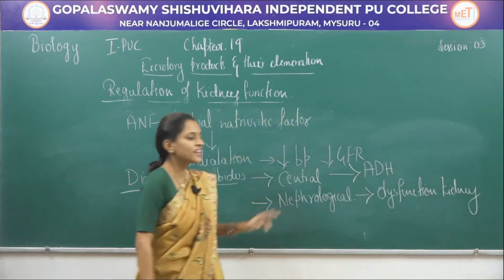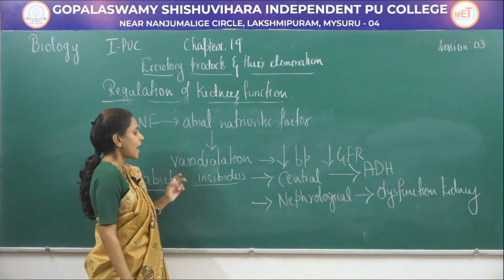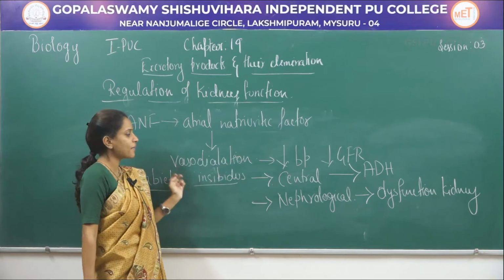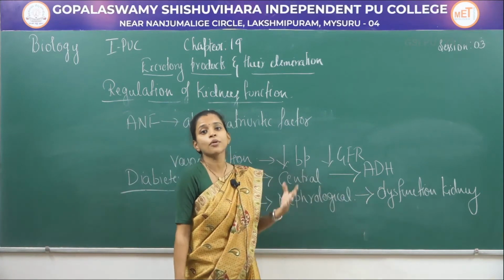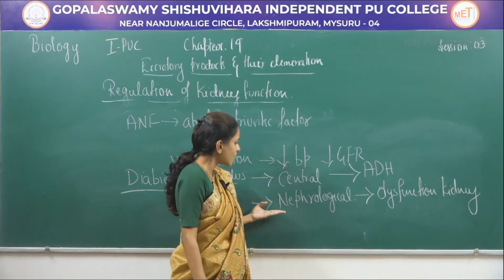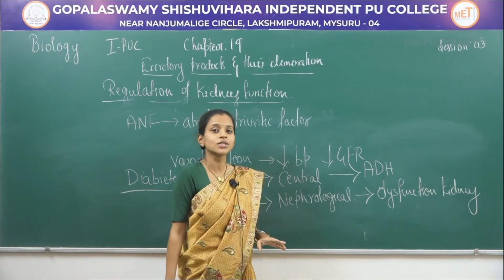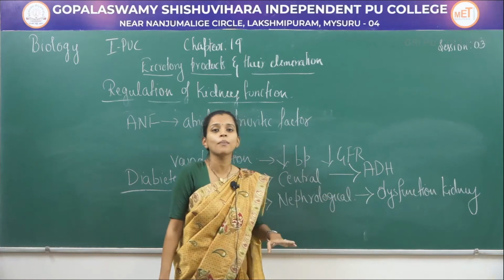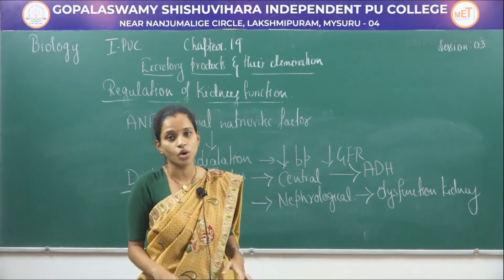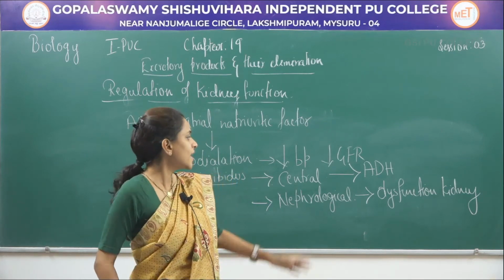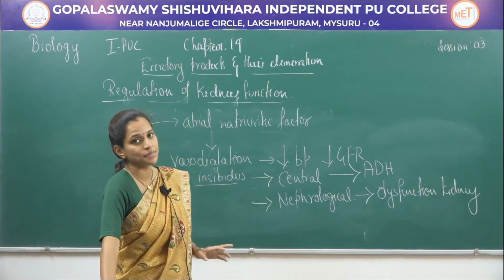So there are two different types of diabetic insipidus: in central diabetic insipidus, it is due to vasopressin or ADH not being properly released from the brain, and the nephrological disorder is due to improper functioning of the kidney. There might be no proper reabsorption of water from the kidney, which leads to diabetes insipidus.